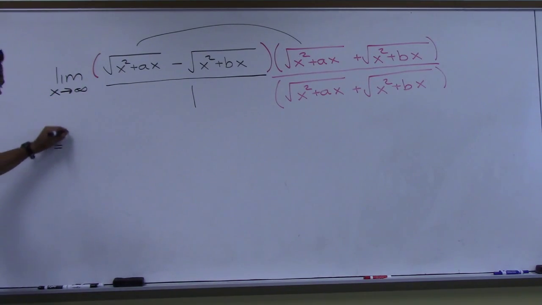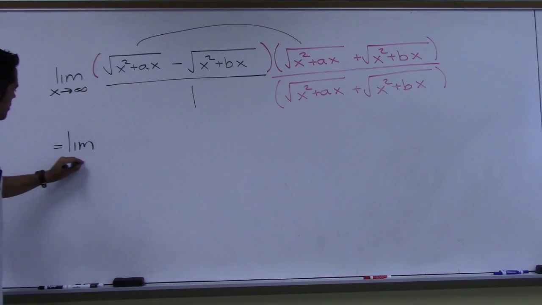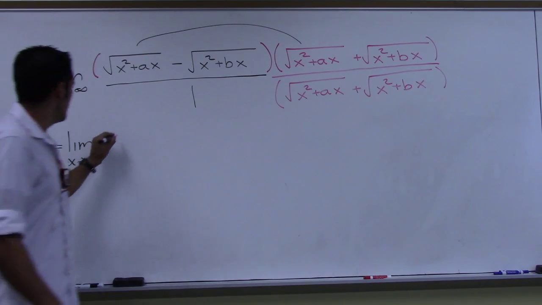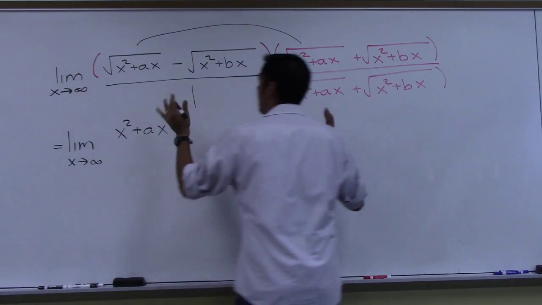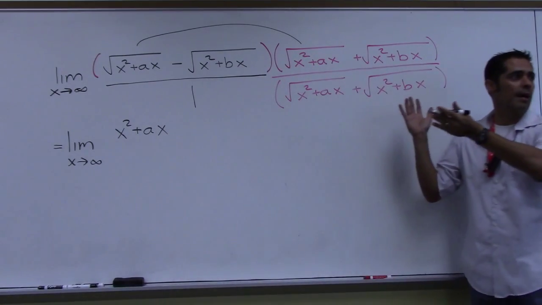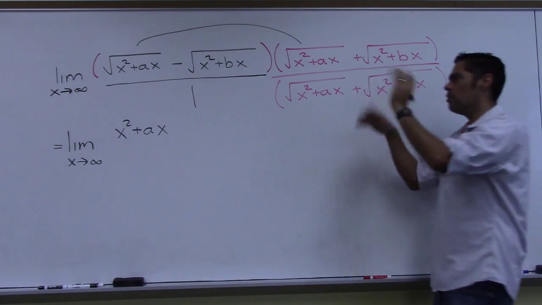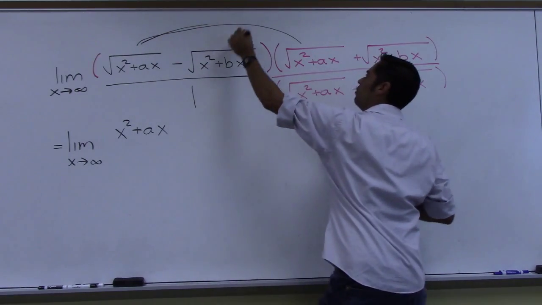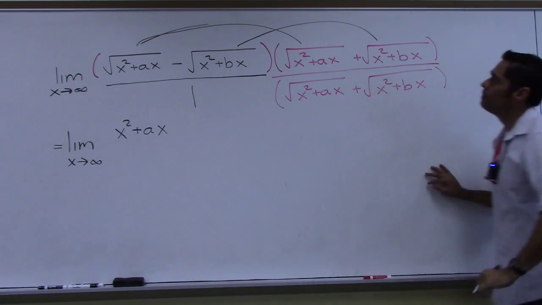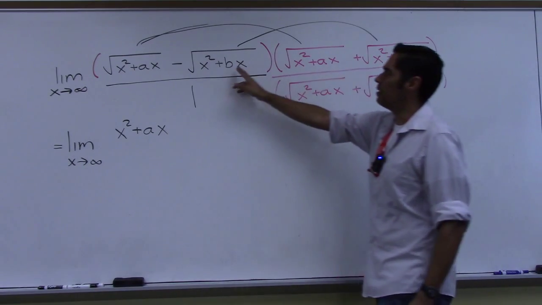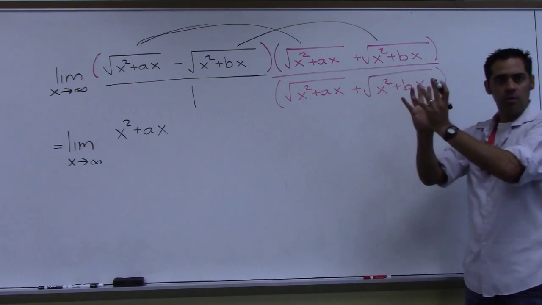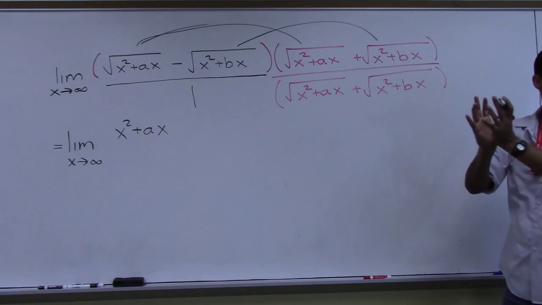And so you have limit as x goes to infinity of x squared plus ax. And by design, the next two terms should cancel each other out. So I won't even write those down. Then you have the last ones, these two together. And just be careful here with your signs, because the two roots together are going to make the root go away, so you'll just have x squared plus bx.